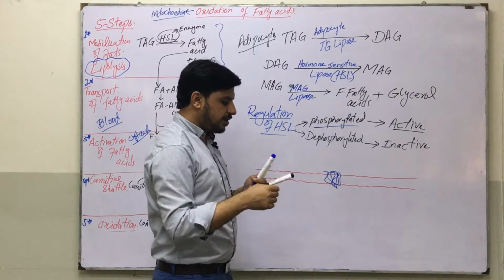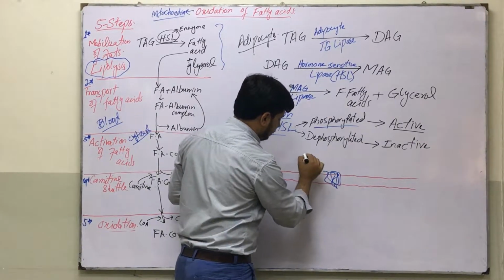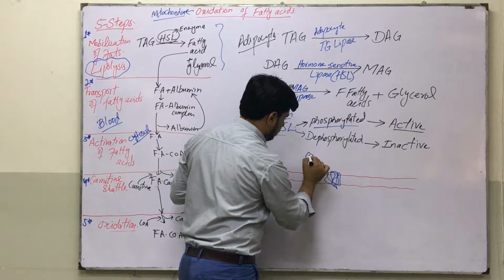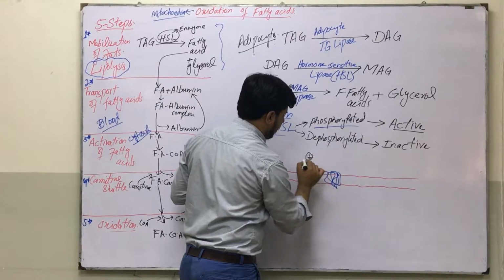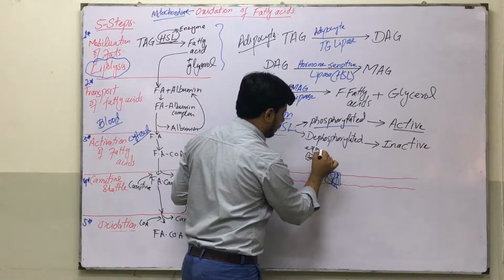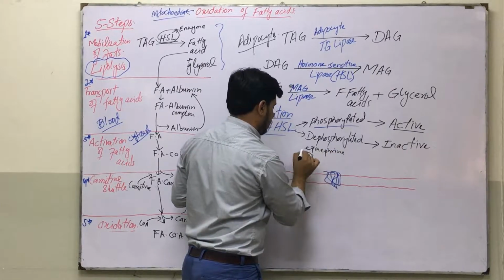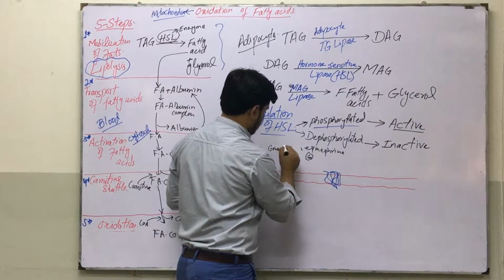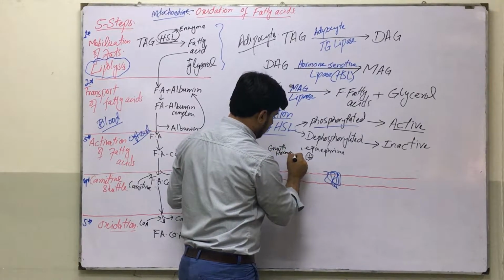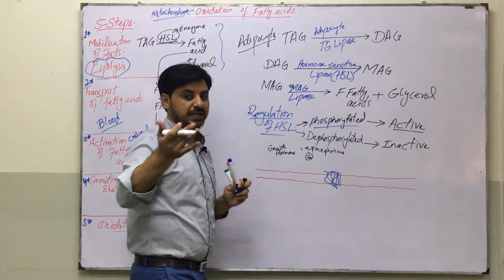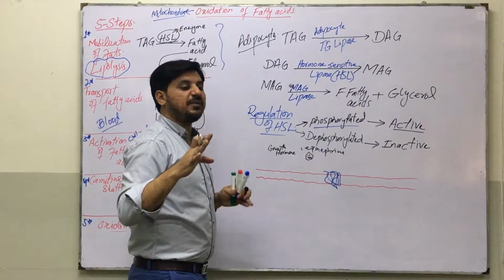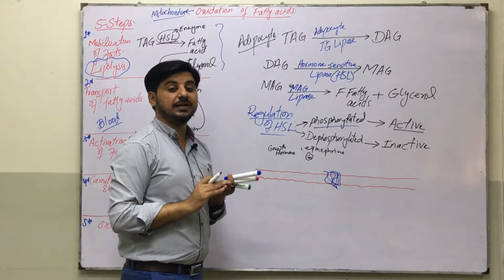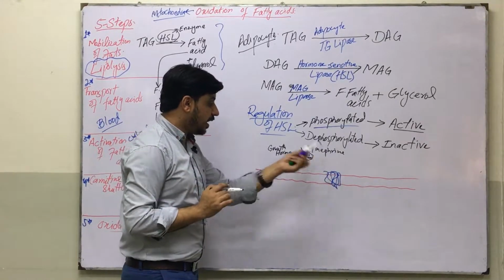The hormones which are involved are epinephrine as well as glucagon or growth hormones or thyroid hormones, which promote lipolysis. Such type of hormones, which are involved in the breakdown of fatty acids, in the breakdown of triacylglycerols, are like growth hormone, thyroid hormone or epinephrine.